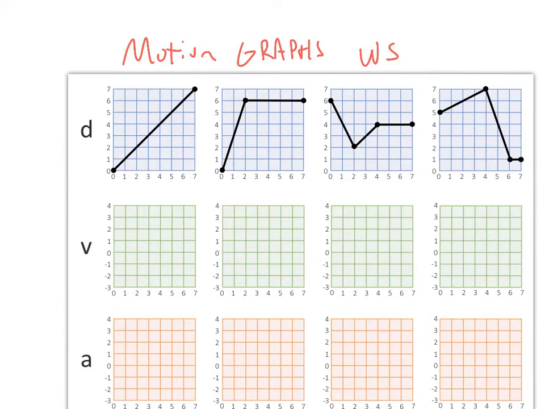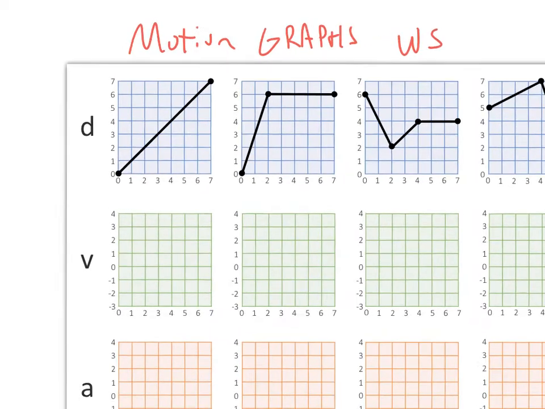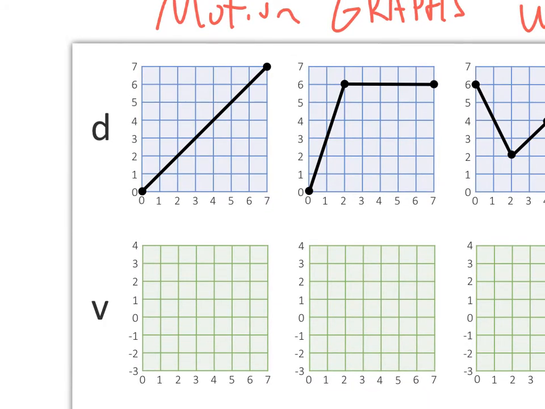Alright, let's put this idea to practice. Opening your worksheet off of Schoology, you're going to see this example, and we're going to be working vertically, going from the distance to the velocity to the acceleration. In the first example, I'm going to zoom in here. We know we're going to go from distance to velocity graph, and in order to do that, I'm going to take the slope of the distance graph, and that's going to give me the velocity over that interval.